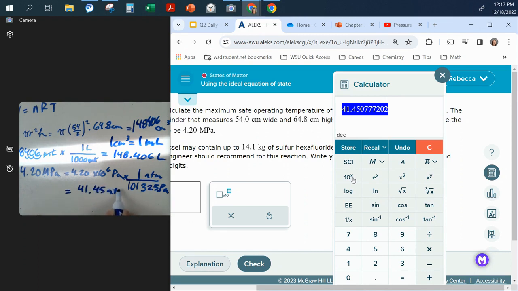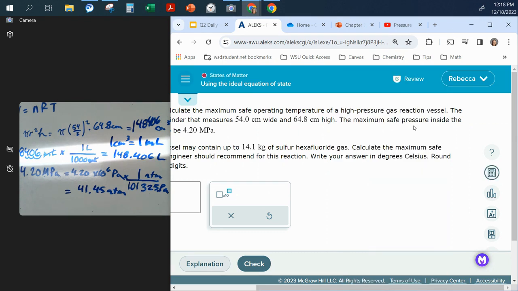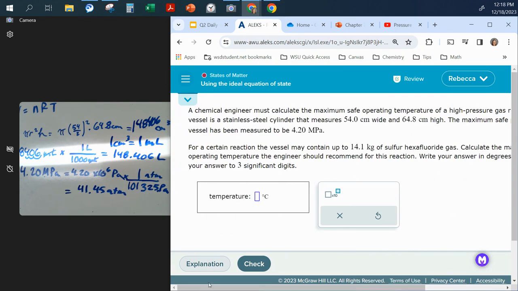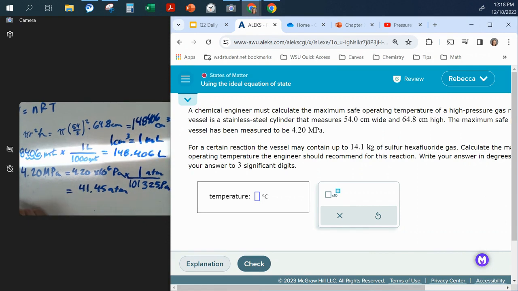41.45 atmospheres. Okay, great. So now we have pressure. We have our volume. We have our pressure. They're trying to give us moles. This is grams. So our mass is 14.1 kilograms of sulfur hexafluoride.